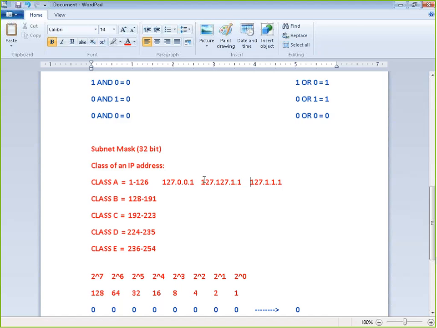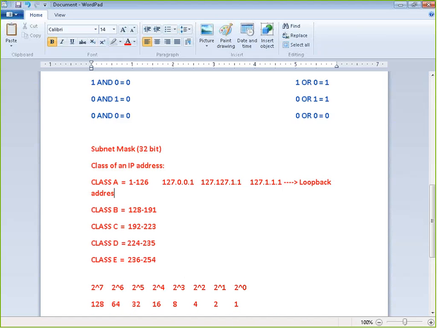Anything that starts off with 127 in the first octet, this IP address is called a loopback address. Do you understand that? So the 127 part is called a loopback address.